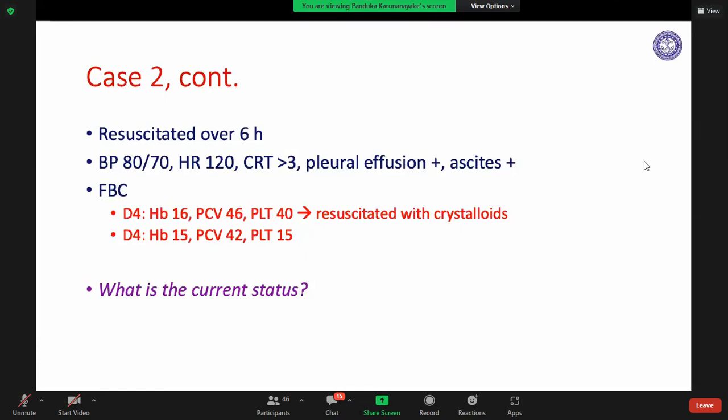Then after giving 6 hours, we have the second line of investigations, PCV 42, platelet count 15,000. She has BP of 80/70, heart rate 120, CRT 3 seconds, effusion plus, ascites plus. What is the current status?